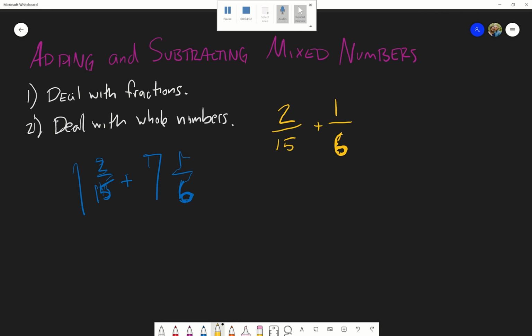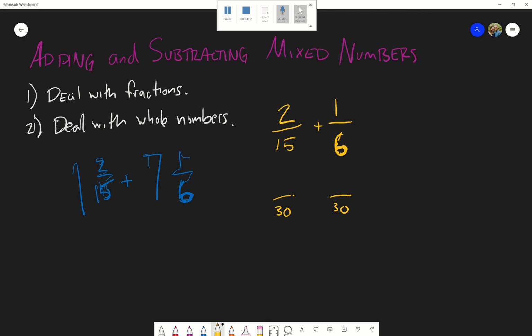So I want to think about what is a number that 15 and 6 can both go into. I could do my fraction multiplication where I multiply both of these by 15, both of these by 6. I'm not going to do that for this one because since we are all great mathematicians, we know that 15 and 6 can both turn into 30.